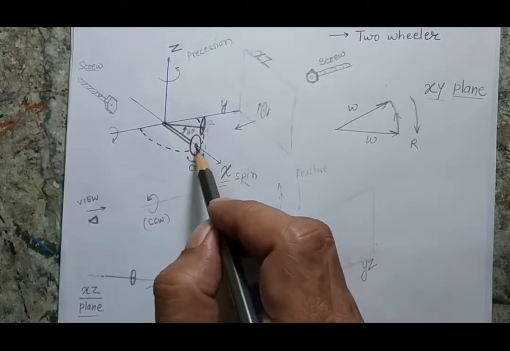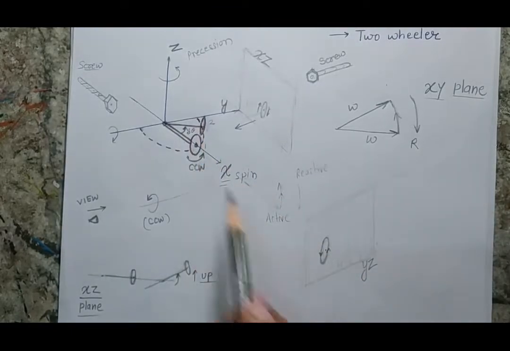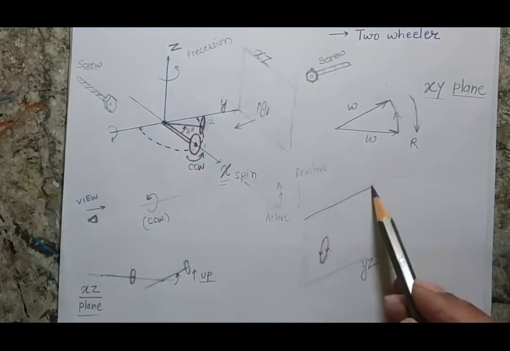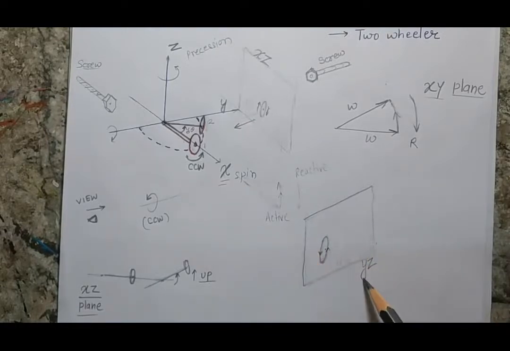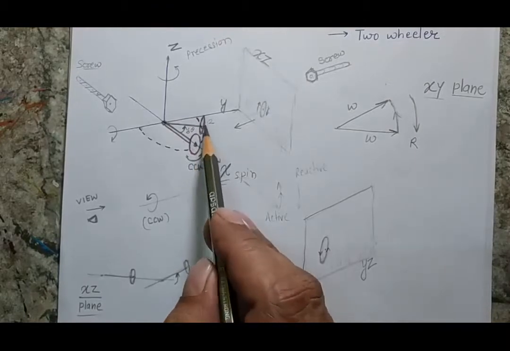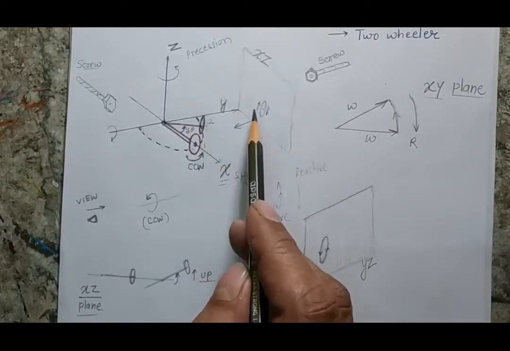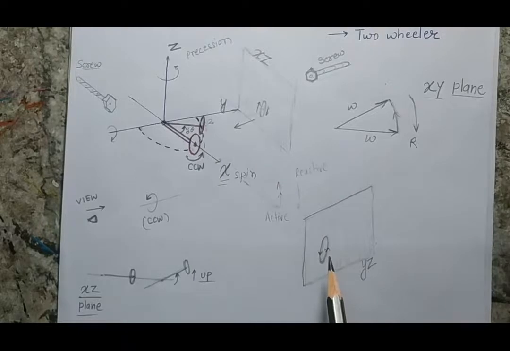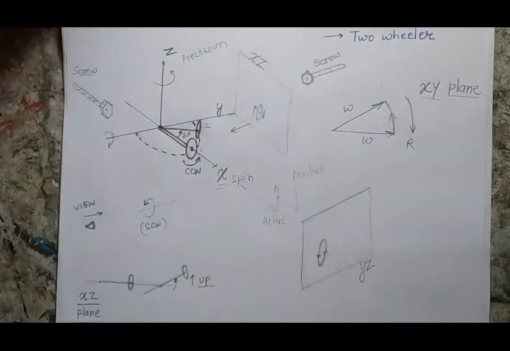When it reaches here, there is a change in the angular momentum. Suppose one reference plane is the YZ plane and another reference plane is the XZ plane. When the rotor comes here, one angular velocity component will be here and one component will be here. All these things we have checked in detail in my previous lecture.